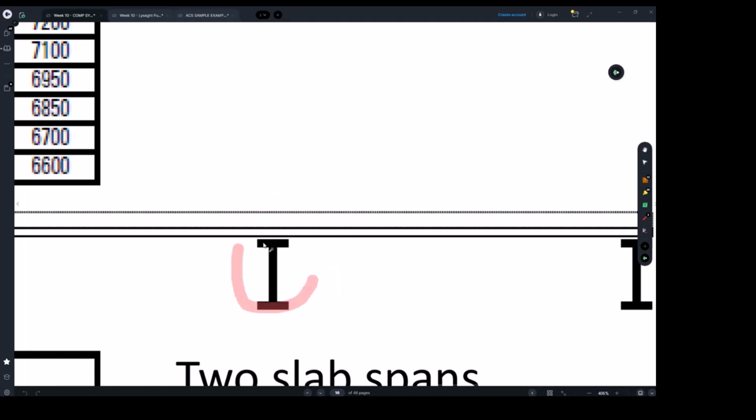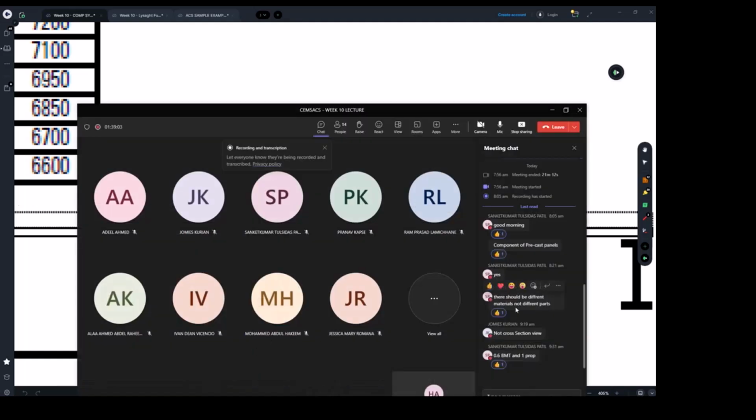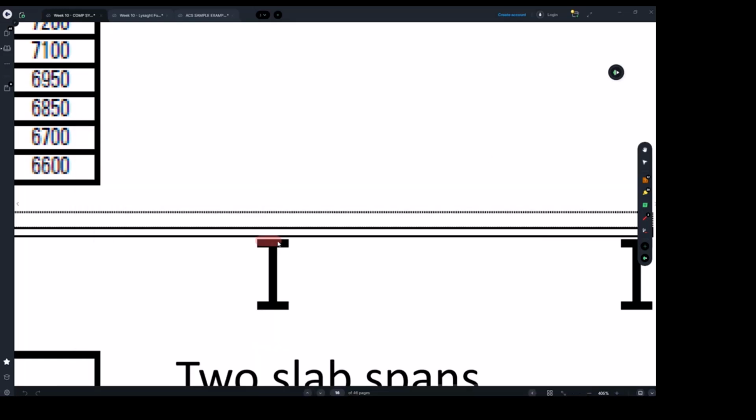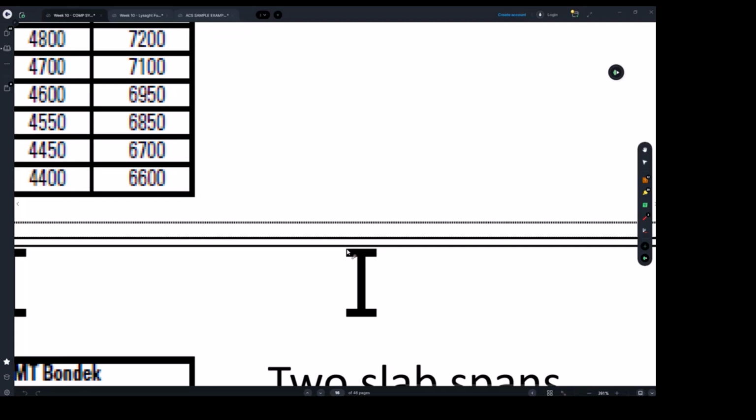How much bearing do we need to make sure is happening there? 100 millimeters. Yeah, so we have to remember these kinds of main features.